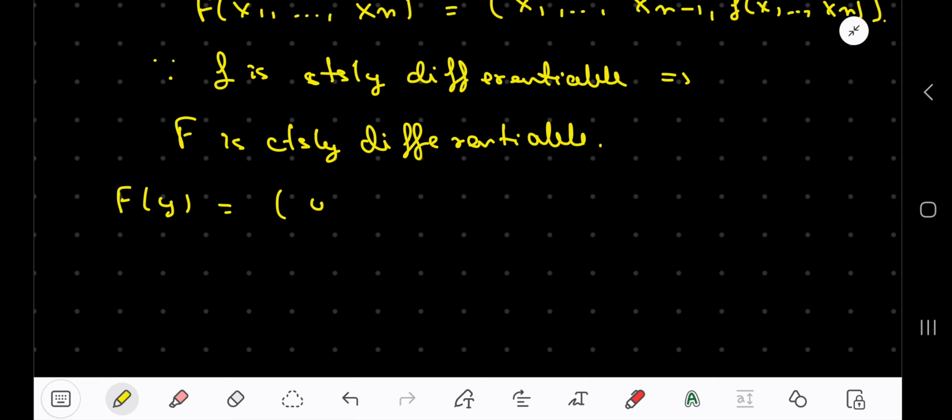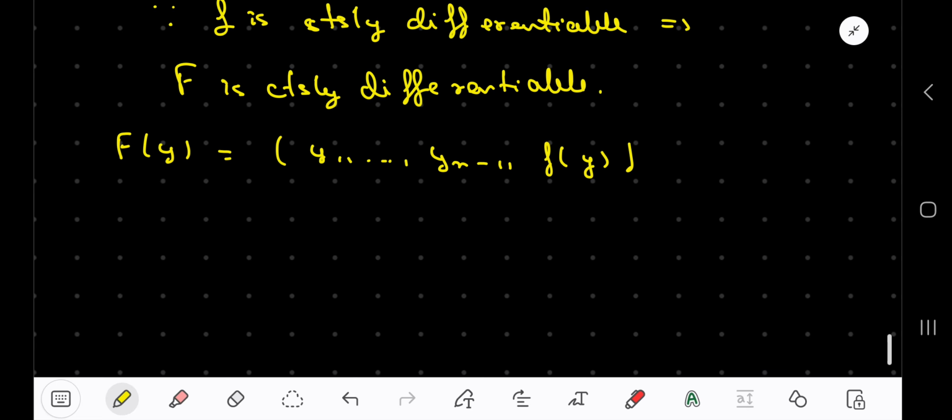F of y would be given as the first n minus 1 coordinates of y and the image of y under f. But again, recall the statement of the implicit function theorem. There we had stated that f at y is 0, right? So this implies that F of y is of this form, with 0 in the last place. Fine.